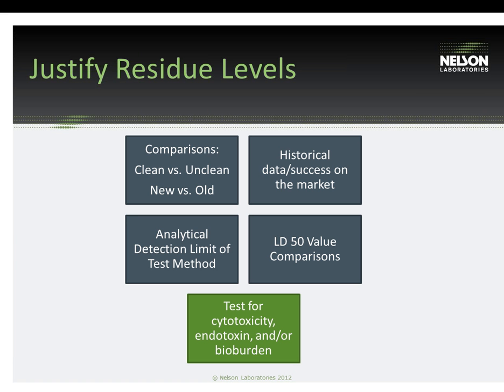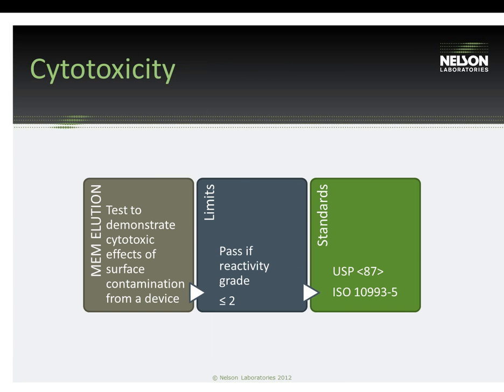And finally, to help justify the residue levels, we recommend pairing additional tests into the validation, such as cytotoxicity, endotoxin, and bioburden, to help justify those overall residue values. With cytotoxicity, this test has its own acceptance criteria.